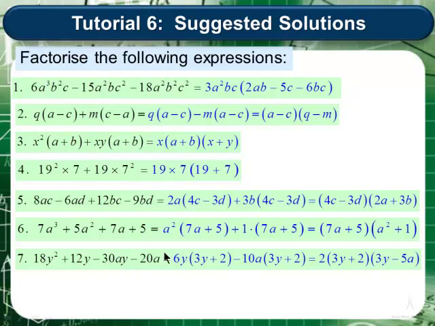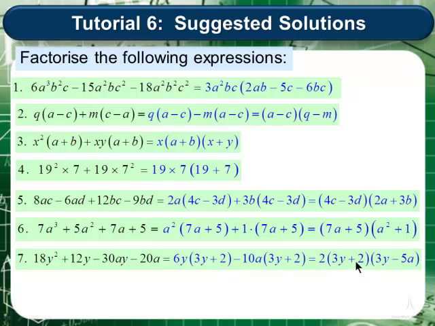And if we do the common factorization for terms 3 and 4, we're left with the second factor 3y plus 2, which is again common. And we apply the common factorization once more. And then we're left finally with the factor 3y plus 2.